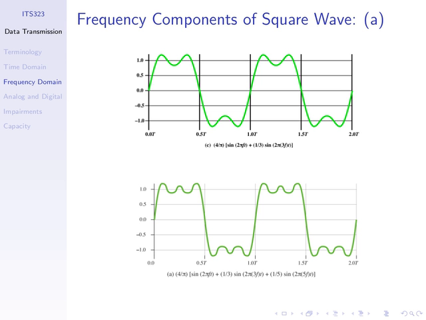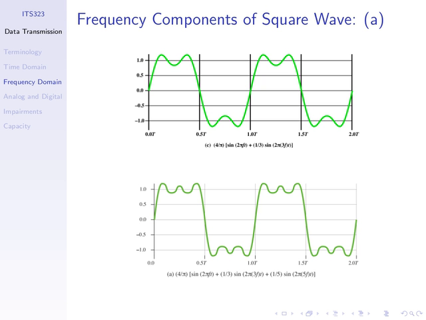Signal 1, if we use frequency of 1 megahertz, simplify, is sine 2 pi 10 to the power of 6 t.